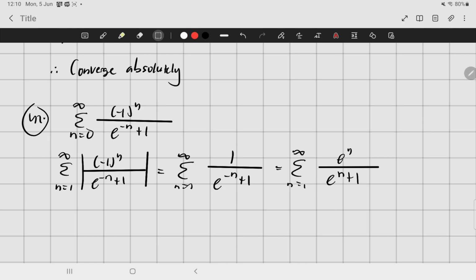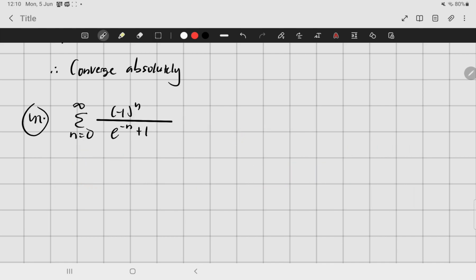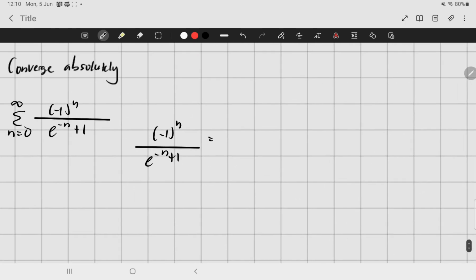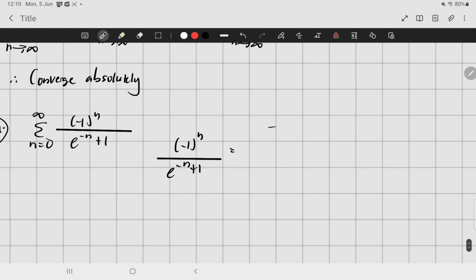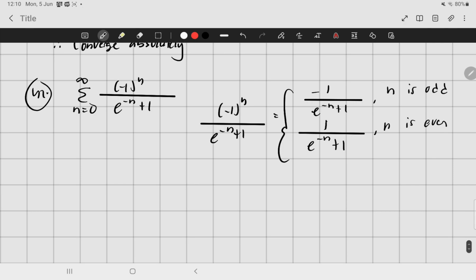Sorry, I just remembered. When you take the limit for this one, we could use the n-th term test. I'll define it first. Negative 1 to the power of n, I define it as a piecewise function here. It will be negative 1 over e to the power negative n plus 1 when n is odd, and 1 over e to the power negative n plus 1 when n is even.